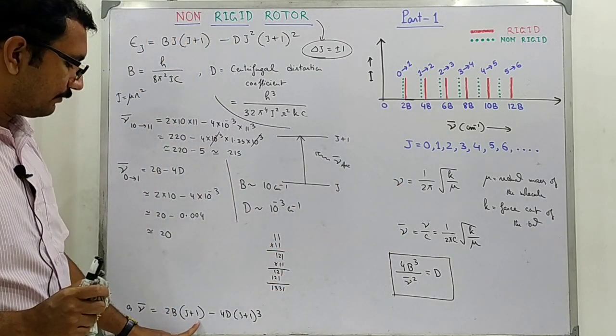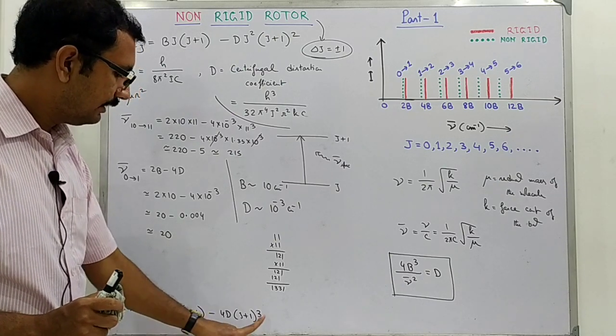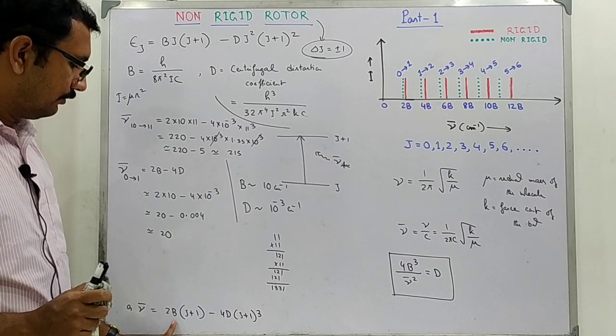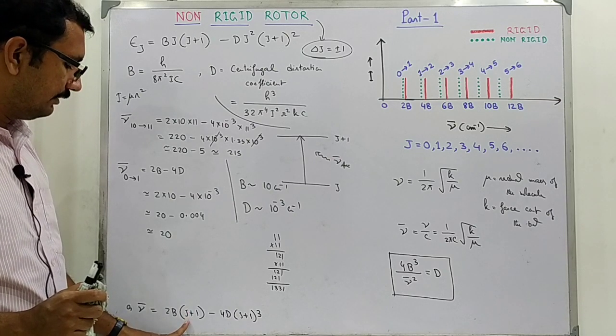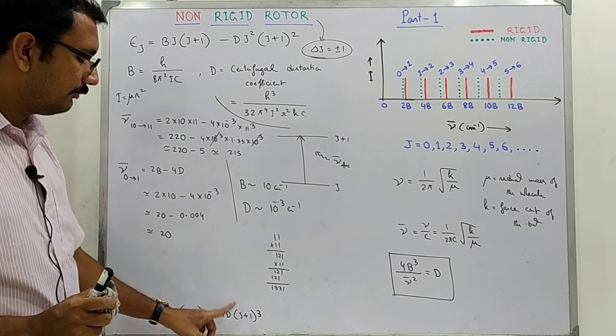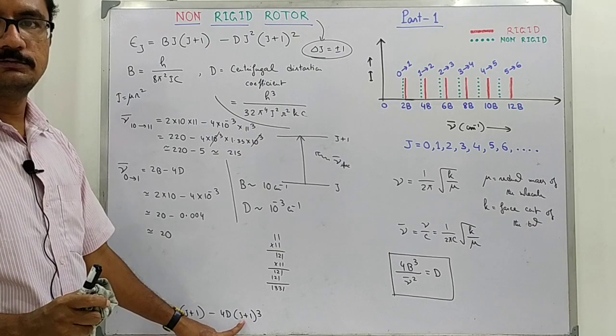and the displacement becomes important as the J value increases, since here it is J plus 1 and it is J plus 1 whole cube, and D is much smaller than B. So, when the J value is small, this effect will be negligible, and this will be important only when J has a higher value.